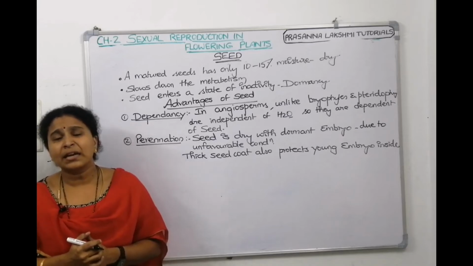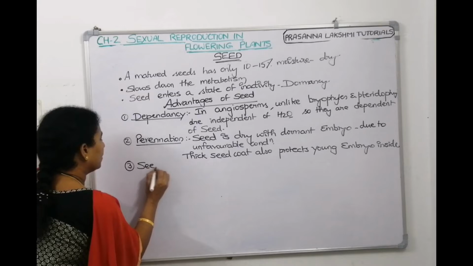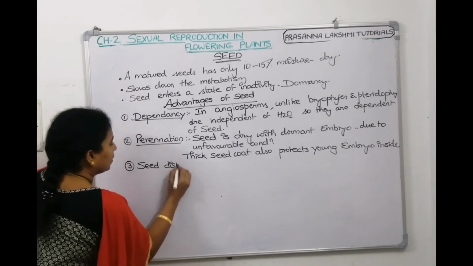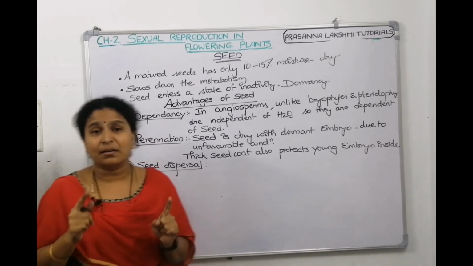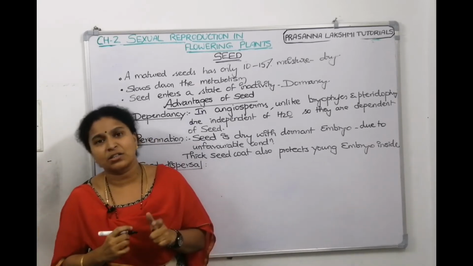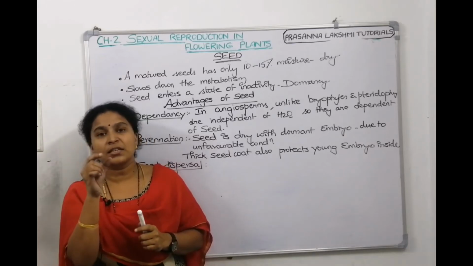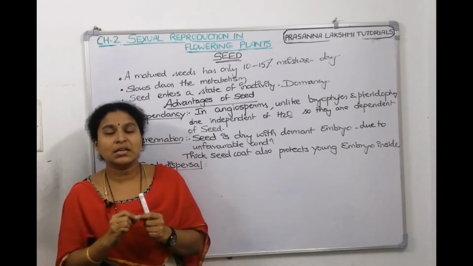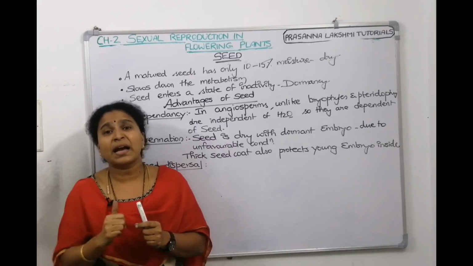The third point we can tell is dispersal. Seeds have better adaptive dispersal strategies. Have you eaten drumstick? In the drumstick, did you see the seed? Have you seen the wings on the seed? Some seeds have wings, some seeds have a parachute mechanism.